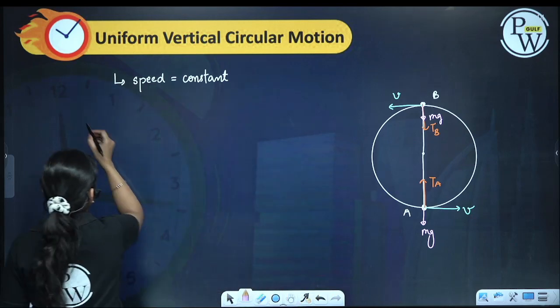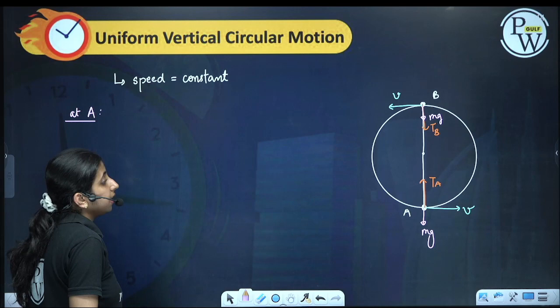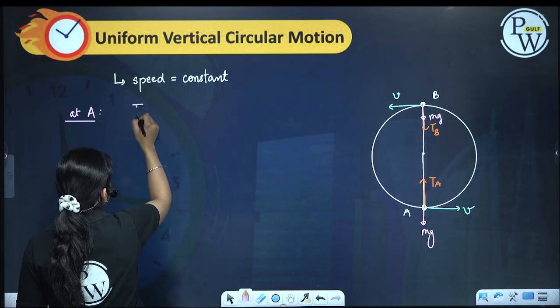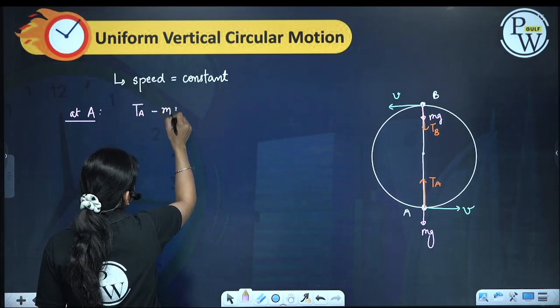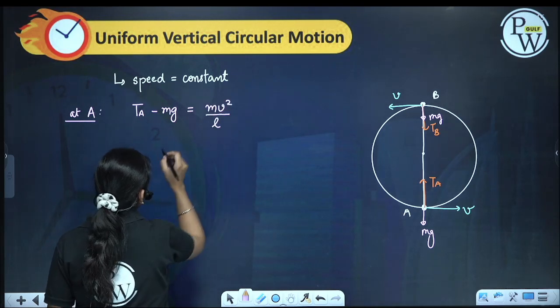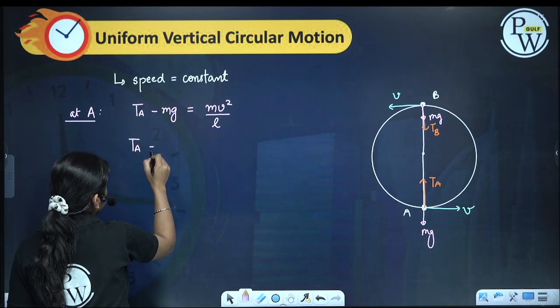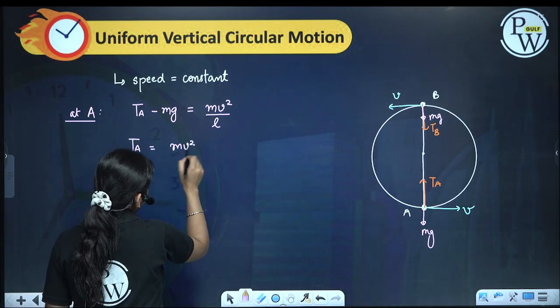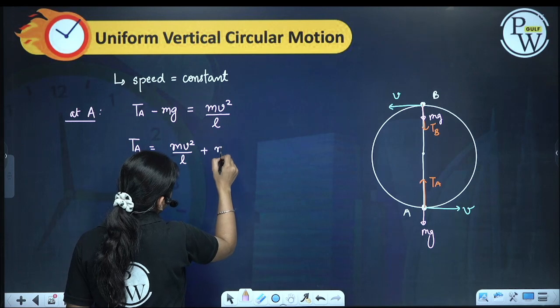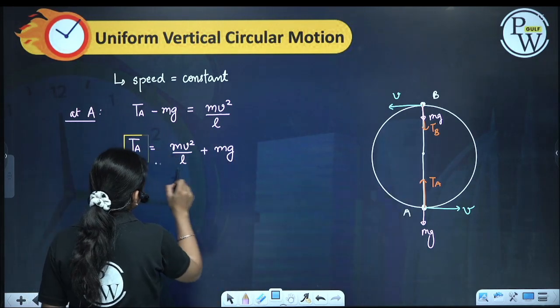Now for A, at A, TA minus mg is equal to mv square by L. So TA will be equal to mv square by L plus mg. This will be my maximum tension.